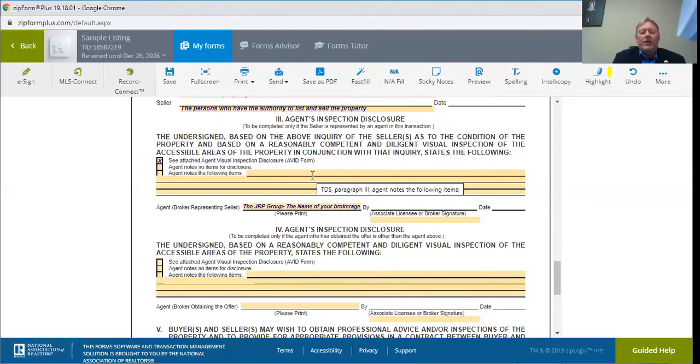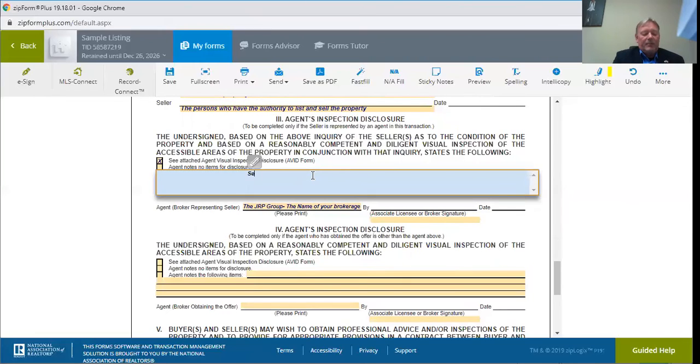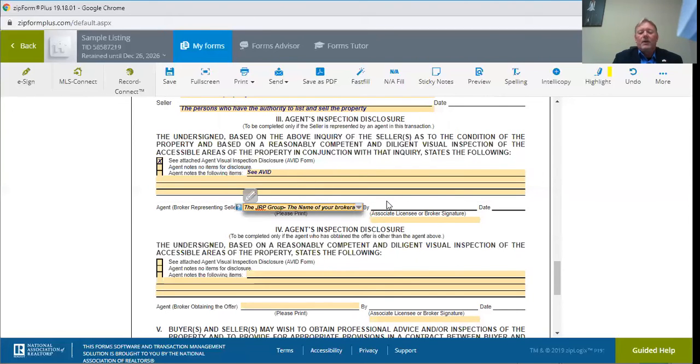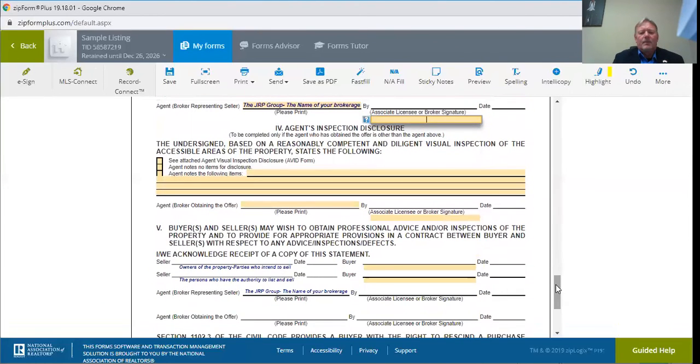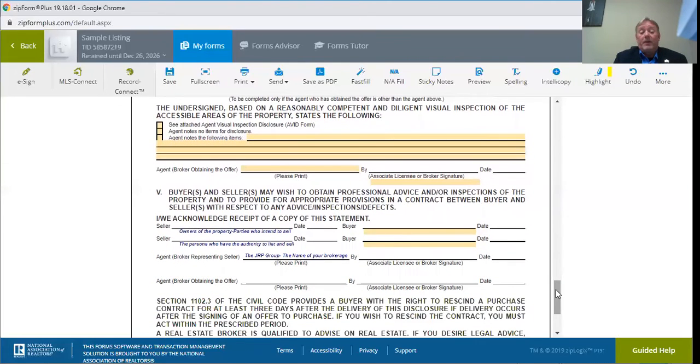Here you'd go ahead and you're going to possibly put C AVID, and then it's going to go, this is the brokerage, it should auto-populate, you're going to sign it. And then we further go into the other agent as well, the cooperating broker.